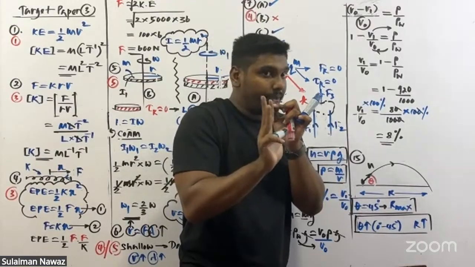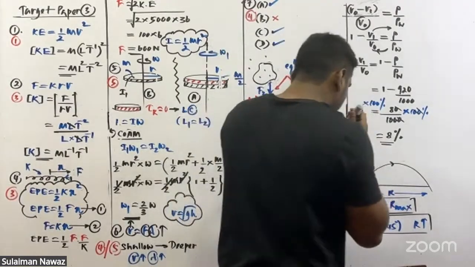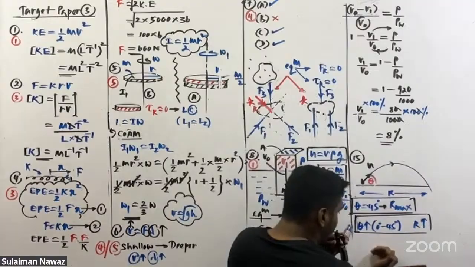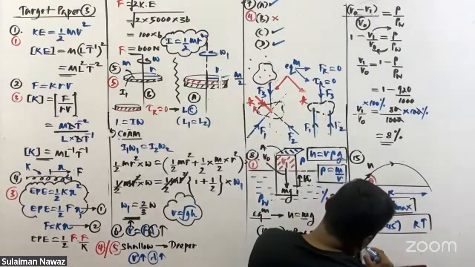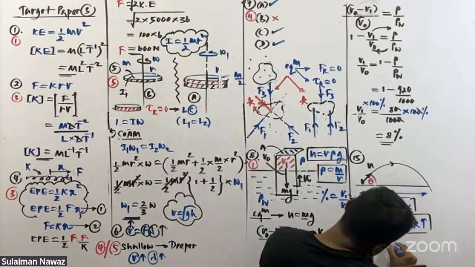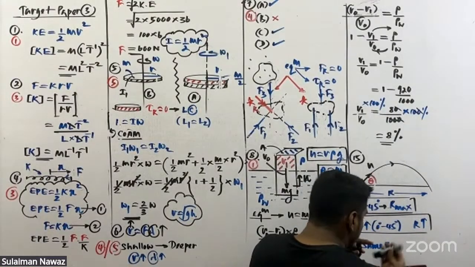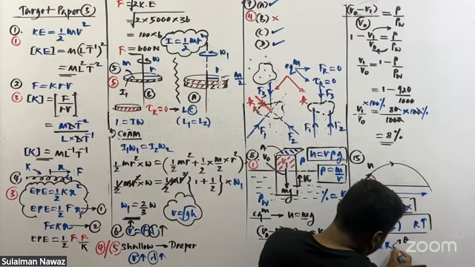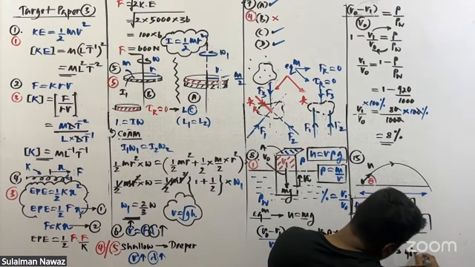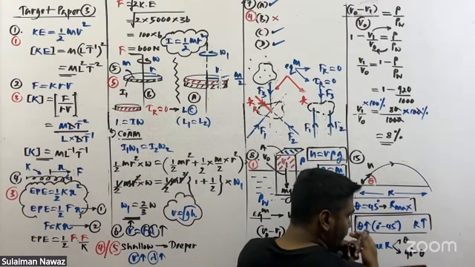Same R, two possible projection angles. If one angle is theta, the other angle is 90 minus theta. This is the summary. I explained many times.